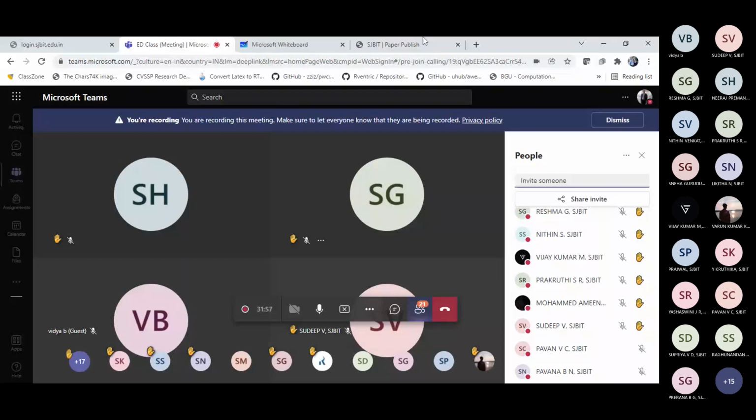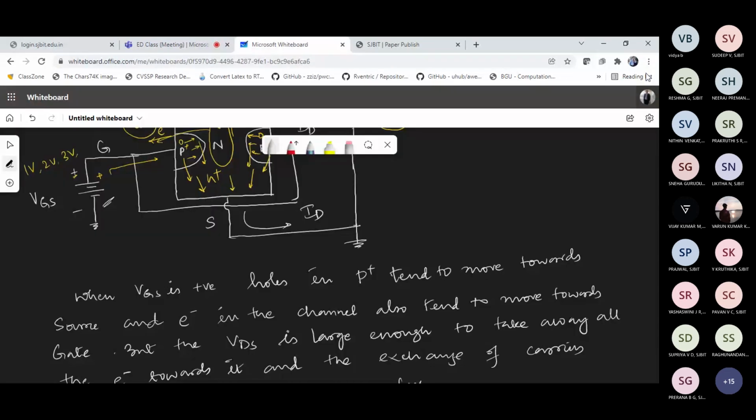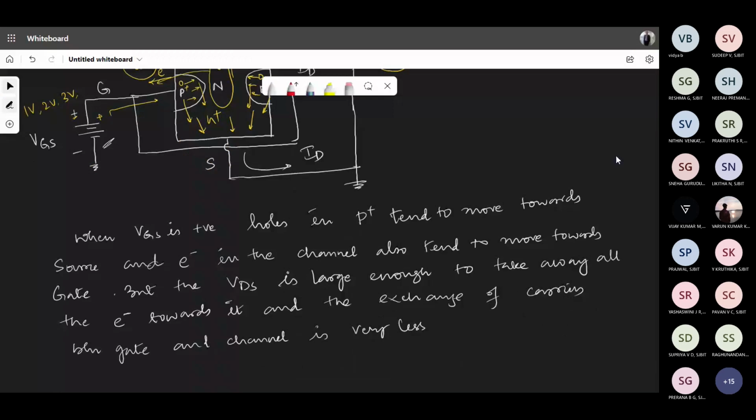So this is what is going to happen when you're applying a positive voltage.